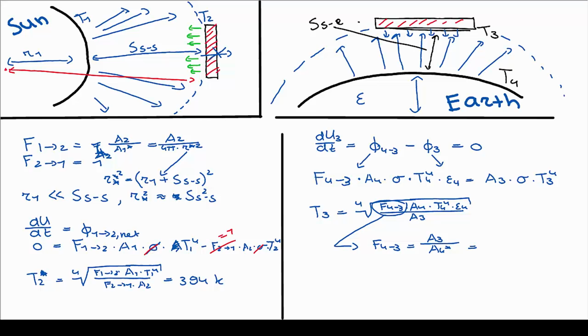And this time I'm not going to replace the R star by just the difference between the Earth and the satellite, because the R of the Earth is of the same order of magnitude as the distance between the Earth and the satellite.